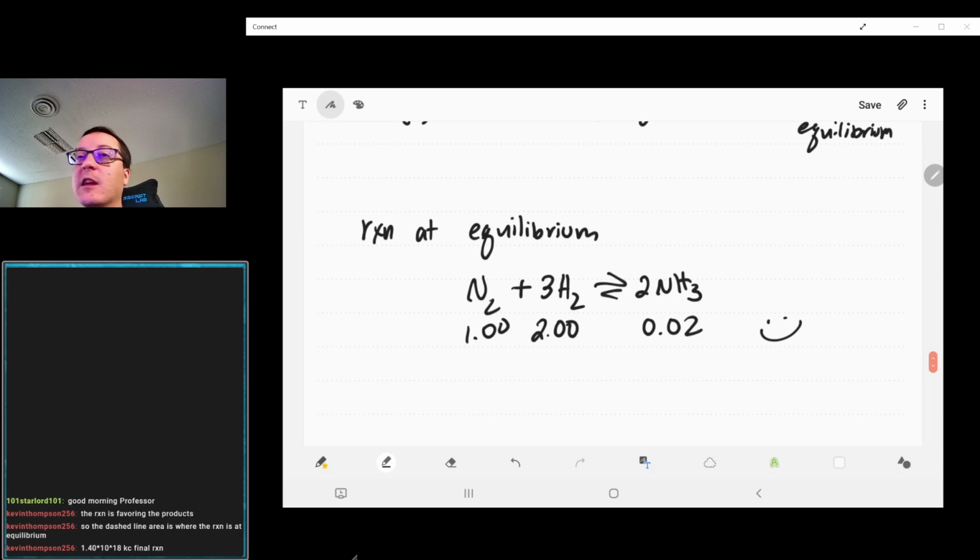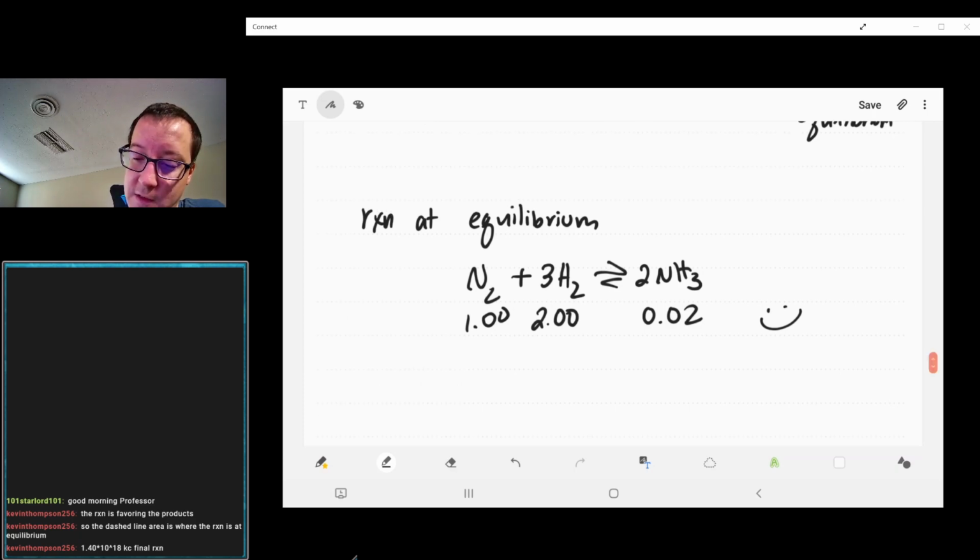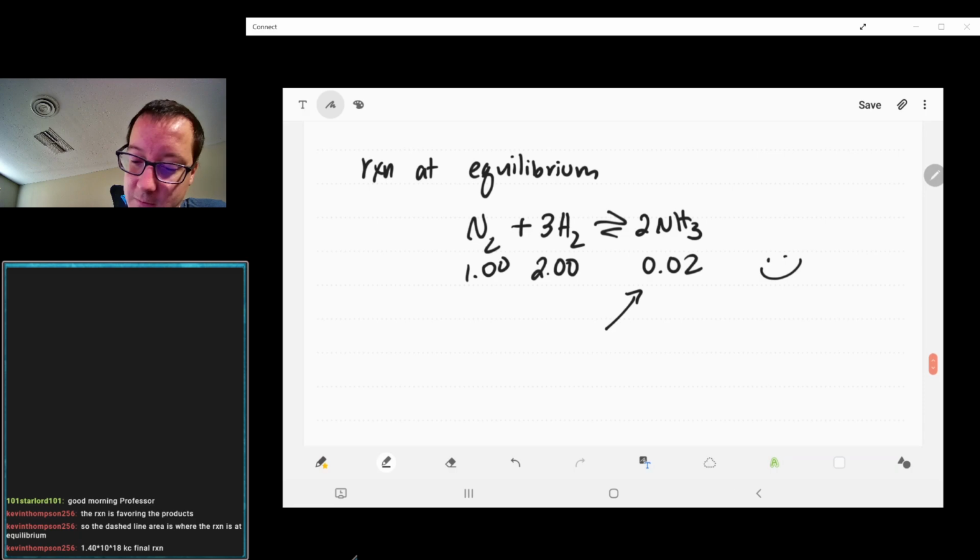It's happy at equilibrium. If we start messing with it, we can see how that's going to change Q. And looking at Q, as we saw, was one way to predict what is going to happen next with your reaction. So let's say we add more ammonia to this vessel.